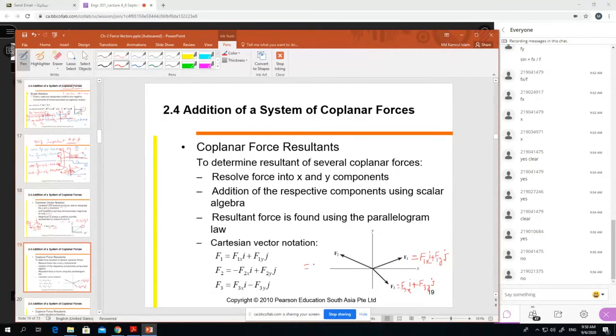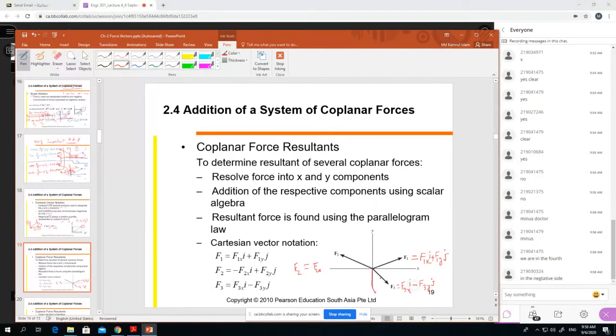And F2 equal to F2x i, here plus, sorry, you noticed something good. Because this is the y direction, this is minus.